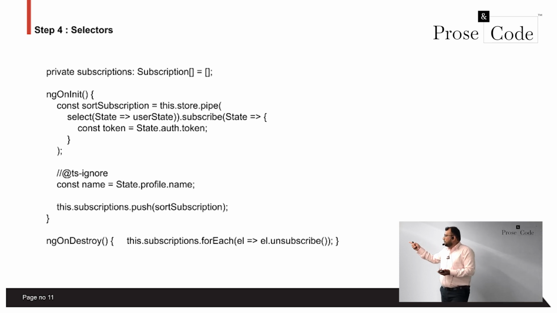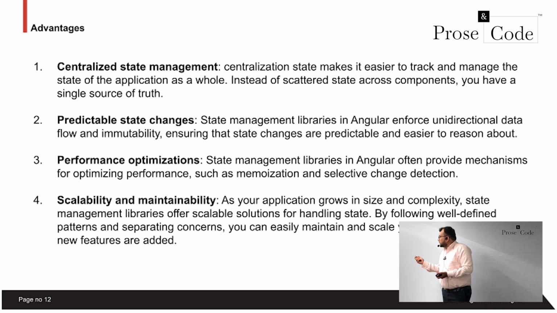Within it, the token is available in the auth state. I am setting the token value to the token variable. In the same way, I can have a number of states, where profile is one state, and we can fetch the values, set them to variables, and utilize those variables. So this way I have subscribed, and at the end I have to unsubscribe, which will clear the memory.